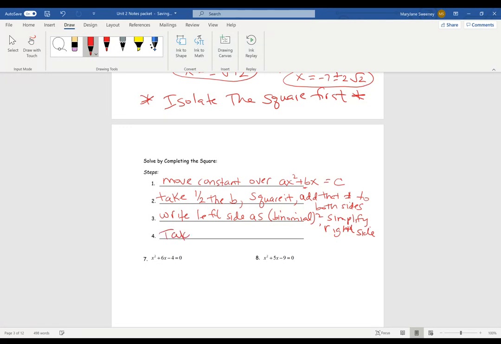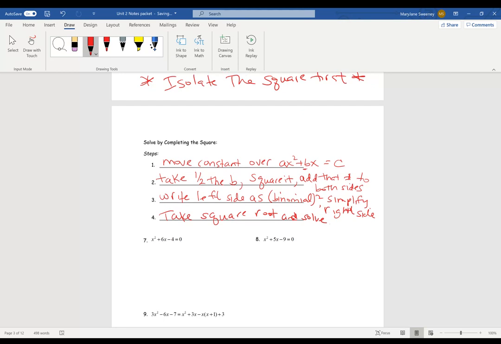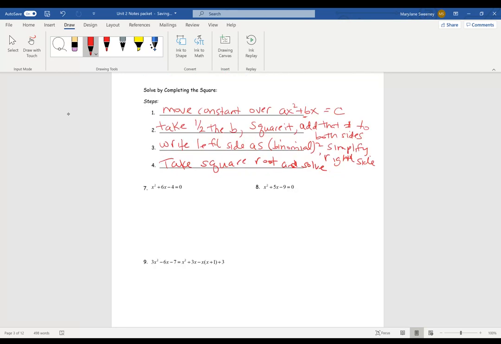And then last, take square root and solve. So then it kind of becomes a problem that we were just doing where we take the square root and solve. So let's look at this. We group the x squared and the x. I'm going to leave some room and I'm going to move the constant over. So that's step 1, move the constant over to the right.